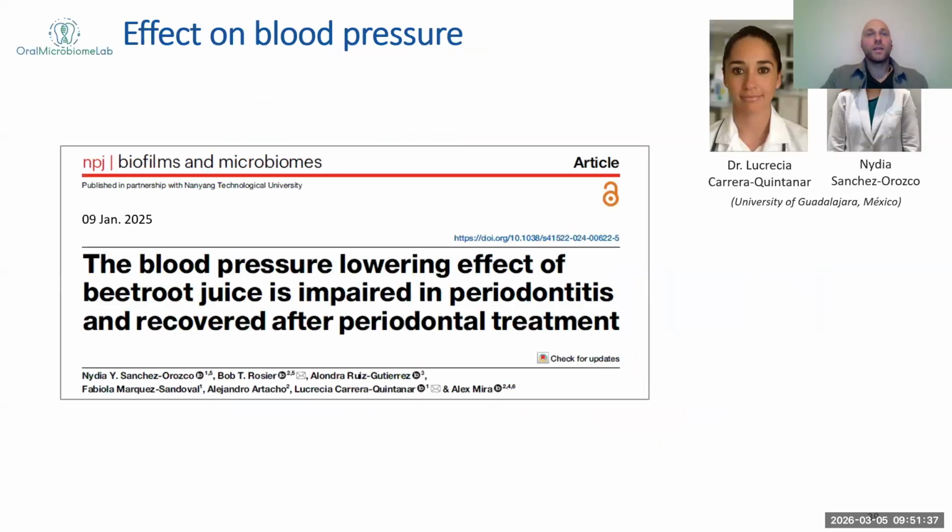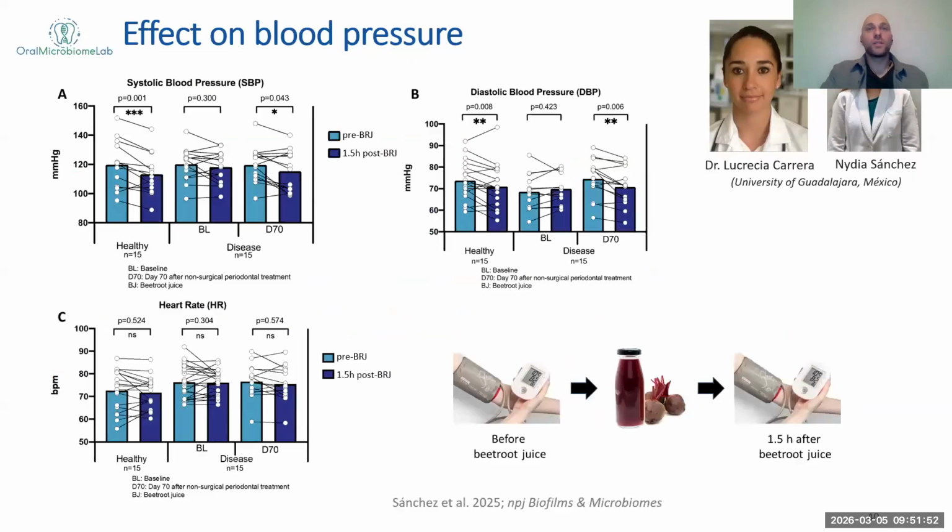And we published the results of this study last year, and the title is quite informative. The blood pressure lowering effect of beetroot juice is impaired in periodontitis and recovered after periodontal treatment. And here are the results supporting this title. In healthy individuals, a high dose of beetroot juice lowers both systolic and diastolic blood pressure.